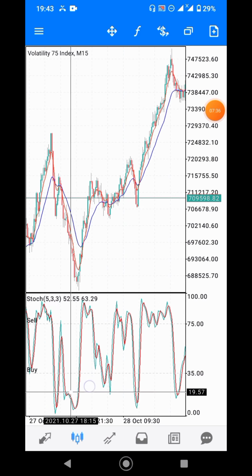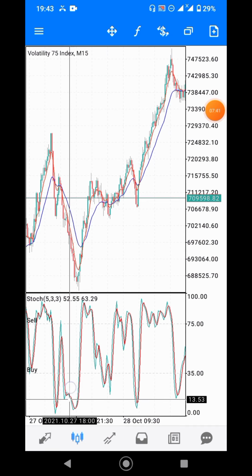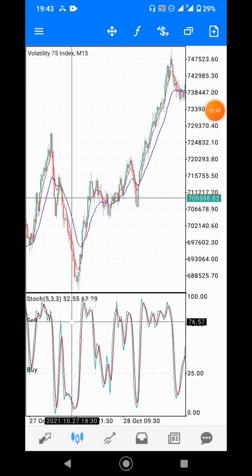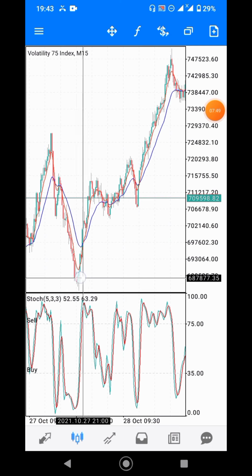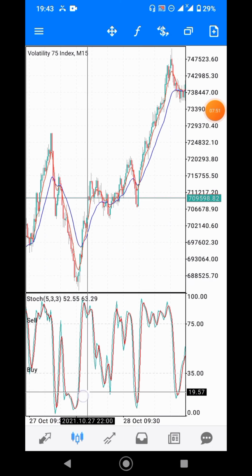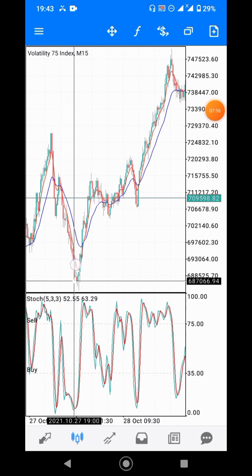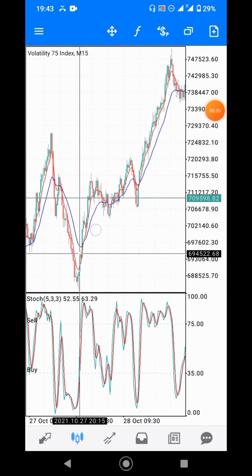There was a crossing here in the stochastic oscillator below level 35, and you can see that afterward a cross occurred. Let me see. Yeah, it's actually a good setup. You can see that afterward when a crossing occurred in the main chart, it bought.